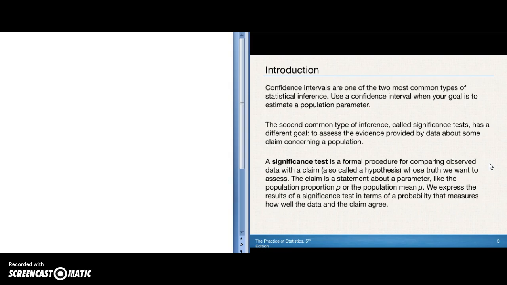The claim is a statement about a parameter. Again, a parameter is your population proportion or your population mean. And we express the results of a significance test in terms of a probability that measures how well the data and the claims agree. So we're now going away from finding an estimate to asking do we have evidence. And that's the way it's going to be stated differently on your AP test.